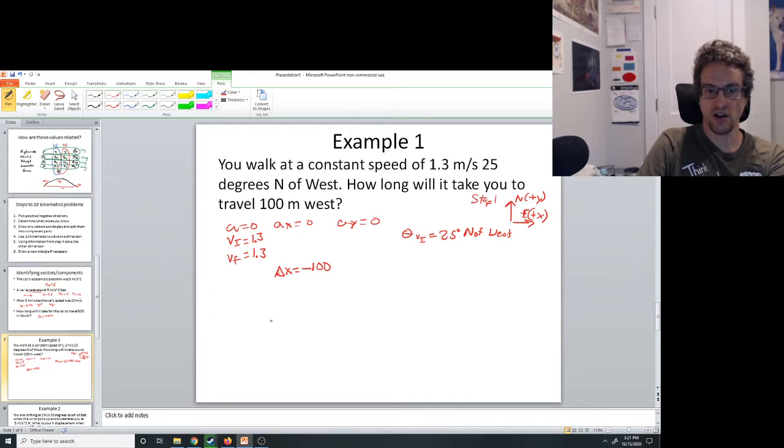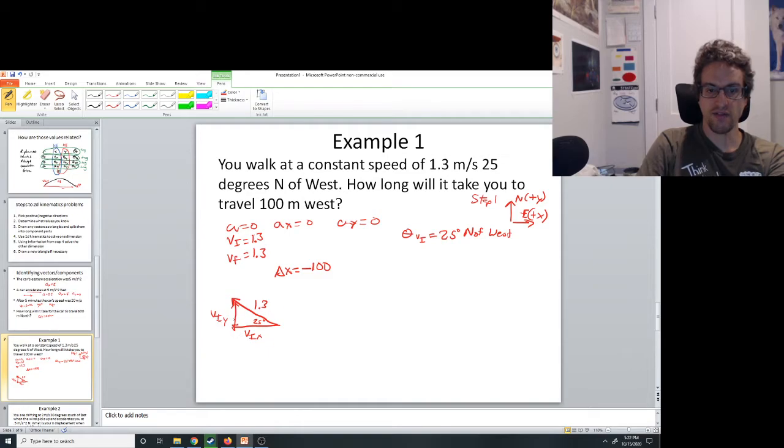That means I draw a triangle going northwest, and north of west means I draw the west part first, and the north part. And this then is v initial x, v initial y. This is 1.3, and this is 25 degrees.